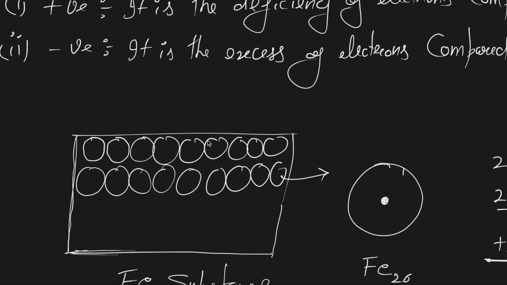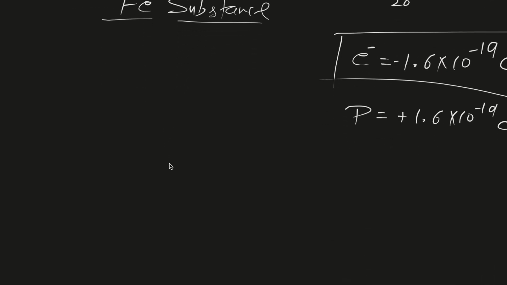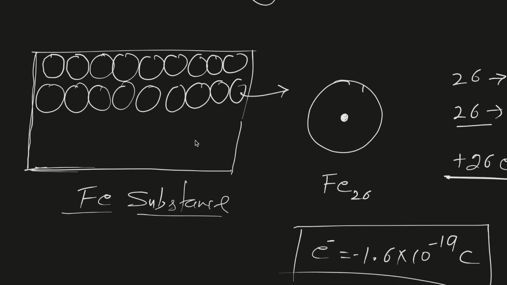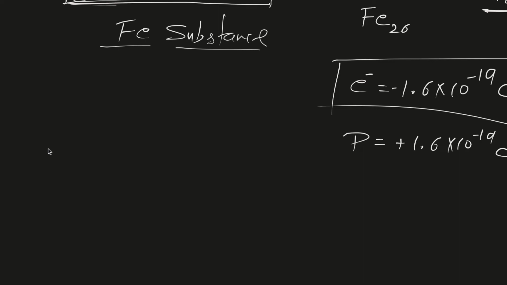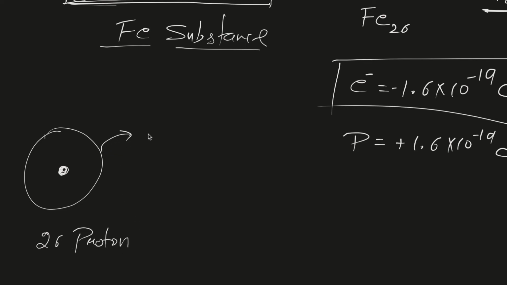And basically what happens if, let's suppose, an atom, let's take Fe only, has 26 protons. Let's suppose I remove one electron from it.